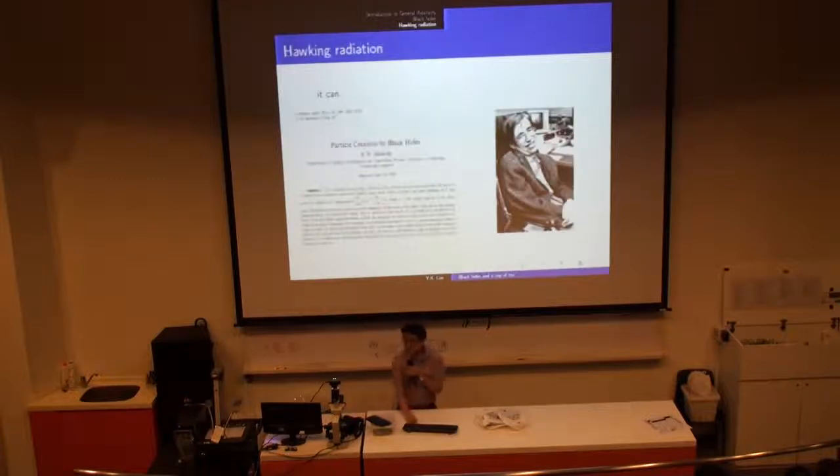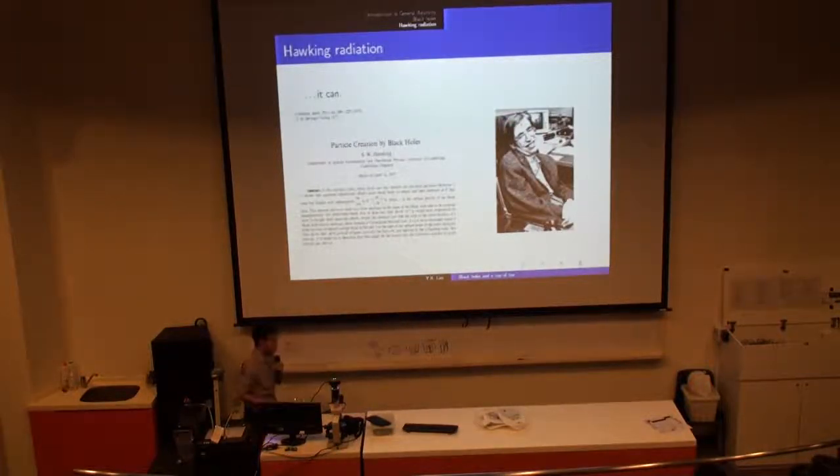Okay, so yeah, black holes. If black holes must have temperature, then they have to emit radiation. So the next thing to do is, if you want to say this, then you need to prove that black holes are able to emit radiation. Okay, so according to gravity, nothing can come out. But gravity is not the only theory in physics, right? There are other theories in physics.